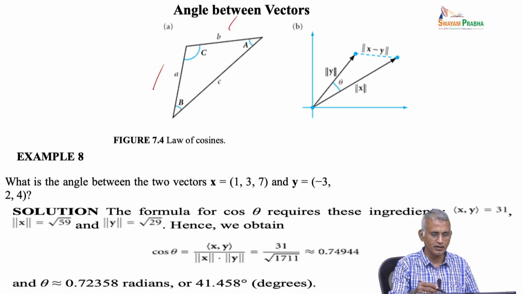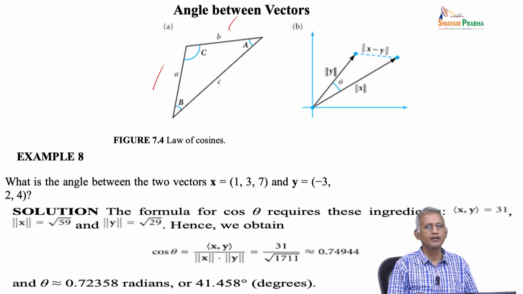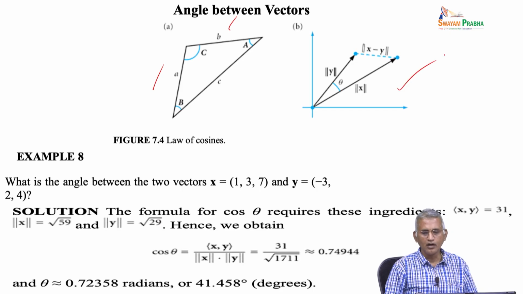Or cos theta equals the inner product x comma y by norm x into norm y. In terms of the norm, take x and y, the lengths norm x and norm y, and the difference of these is norm of x minus y. So, this way we can find the angle between the two vectors.